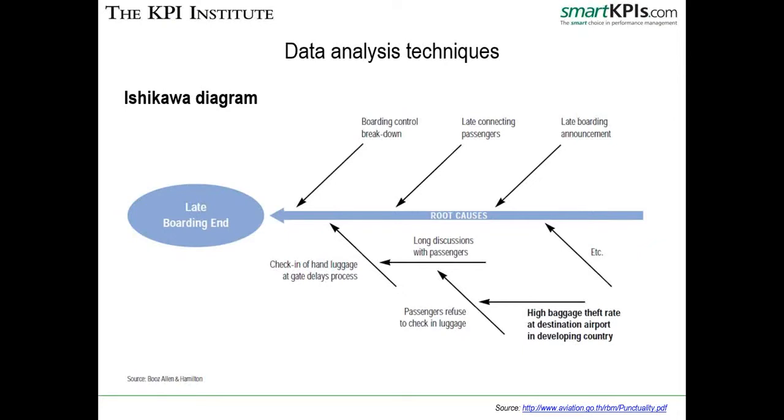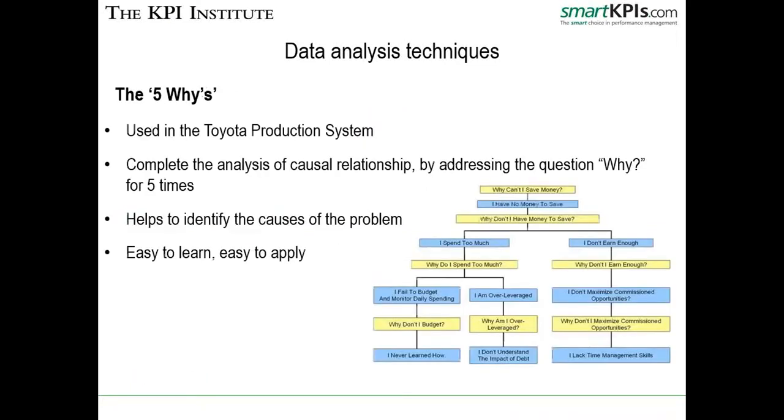Because we might have long discussions with passengers. Why did we have long discussions with passengers? Because maybe passengers refuse to check in luggage. Why does this happen? Because high baggage theft rates are registered in certain developing countries at airports. So this is one of the techniques that can be employed.